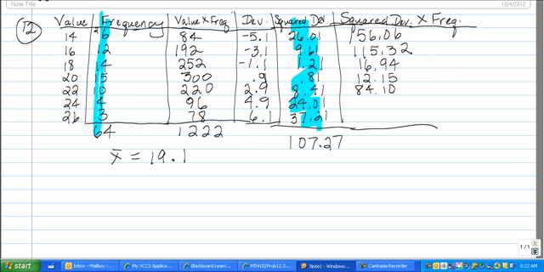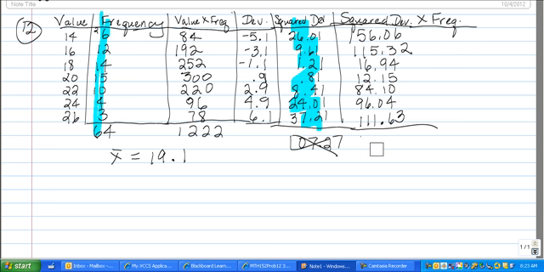4 times 24.01 is 96.04. 3 times 37.21 is 111.63. Now this is the column we want to add up.